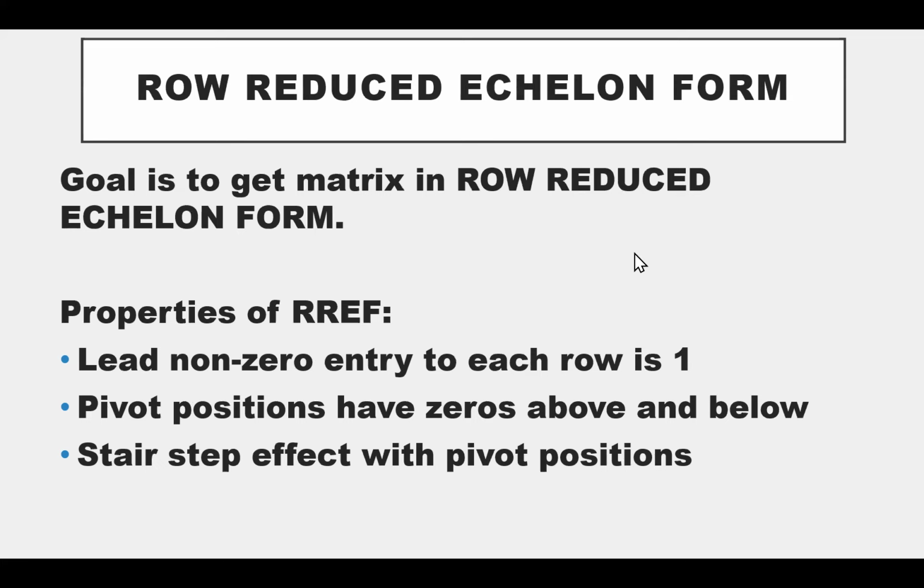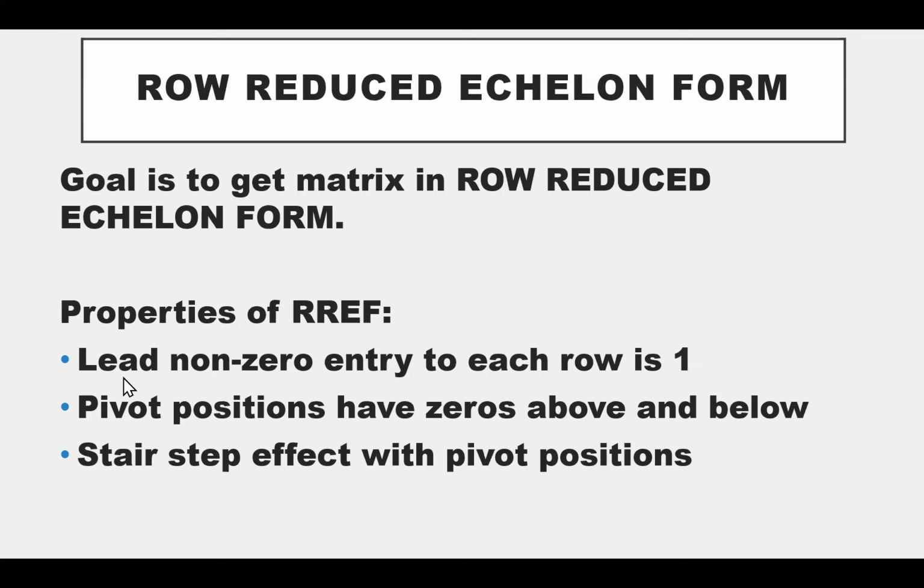Now, the goal is to do this Gaussian elimination until we get our matrix, that is our augmented matrix, in what's called row-reduced echelon form, or in short, RREF. So when do we know that a matrix is in row-reduced echelon form? Well, row-reduced echelon form is going to have three properties.